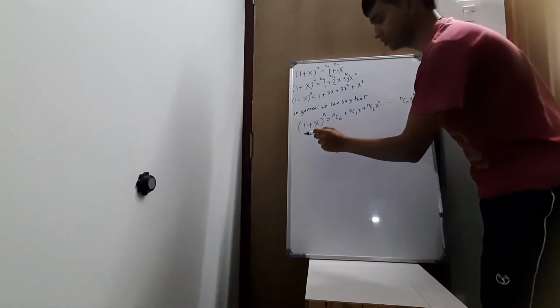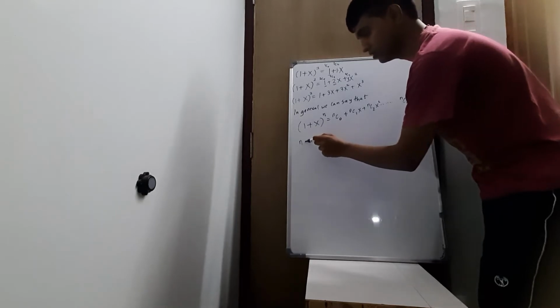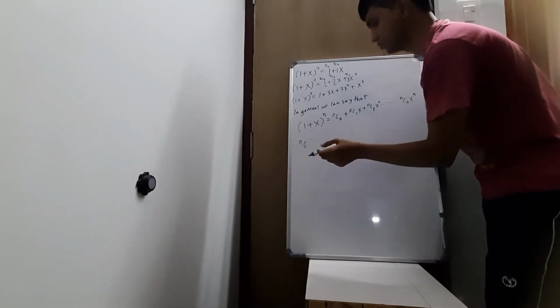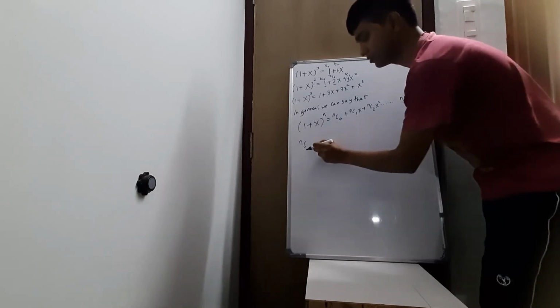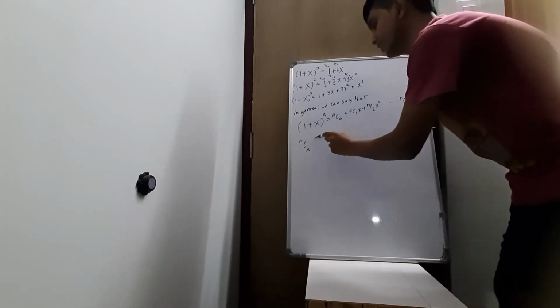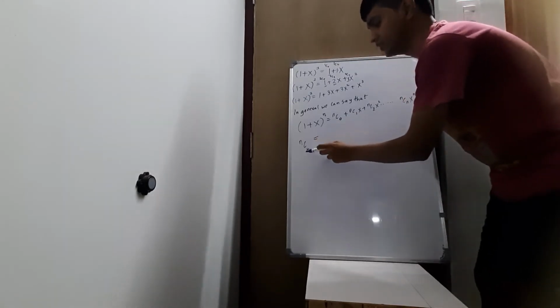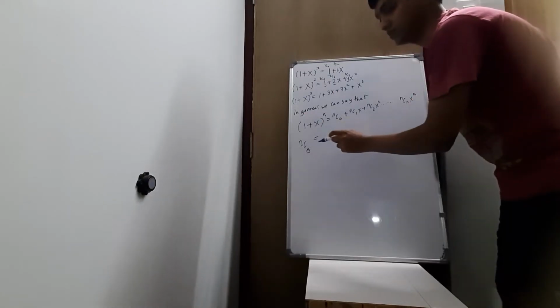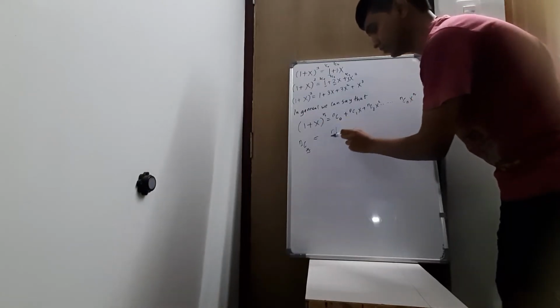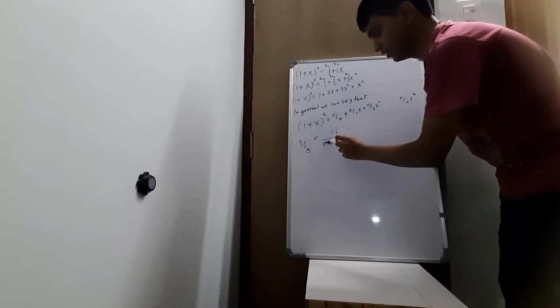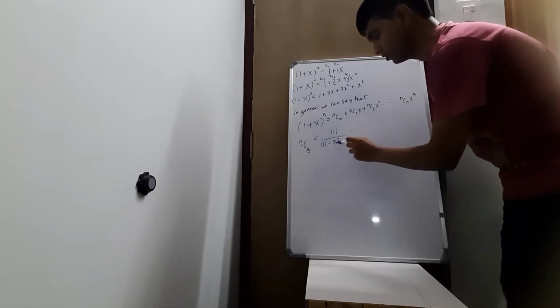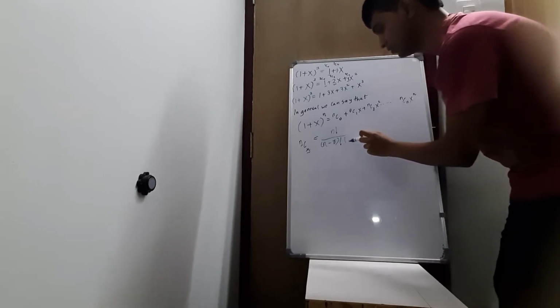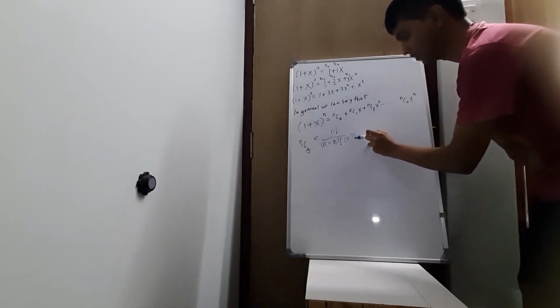And the important thing is, what is nCr? Let us suppose we choose any subscript, say r. It is defined as selecting r things from n particular things, and it is as follows: n factorial divided by (n minus r) factorial times r factorial.